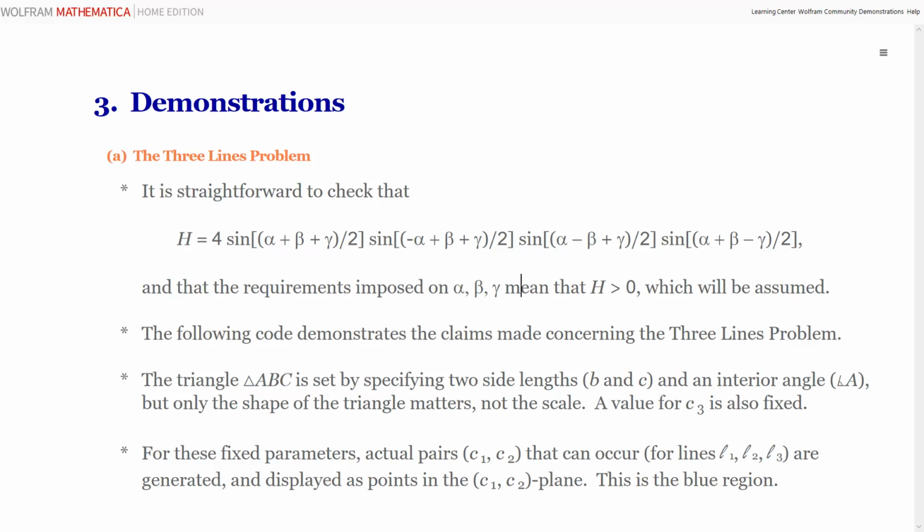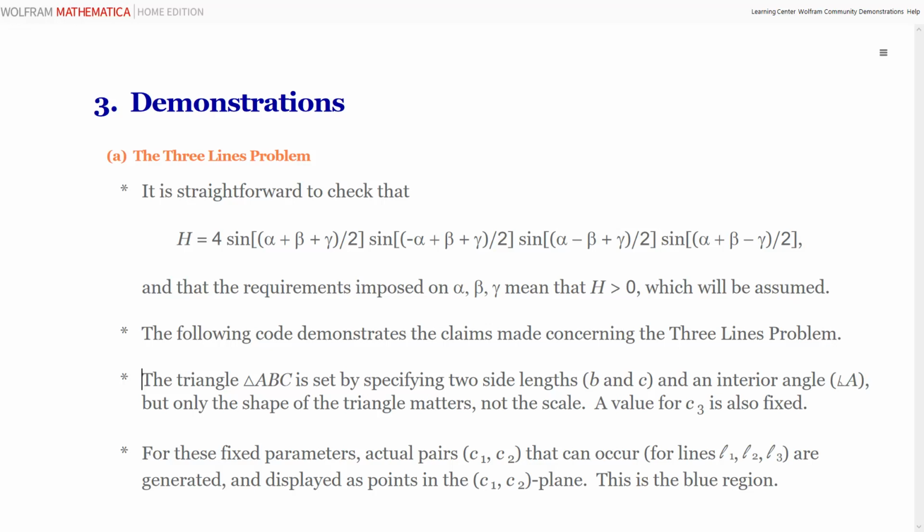Okay, those 4 requirements can be expressed more succinctly by simply saying that capital H is greater than 0. Okay, that's one more thing for you to work out on your own. It's kind of interesting. So anyway, we are going to assume capital H is greater than 0 going forward, right? Always. All right, so I'm going to first present a demonstration for the 3 lines problem.